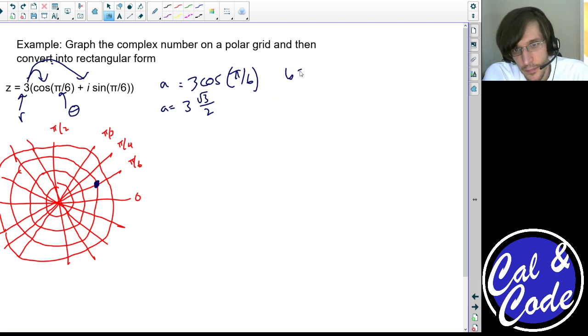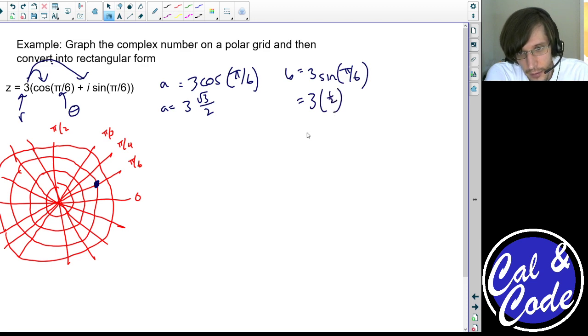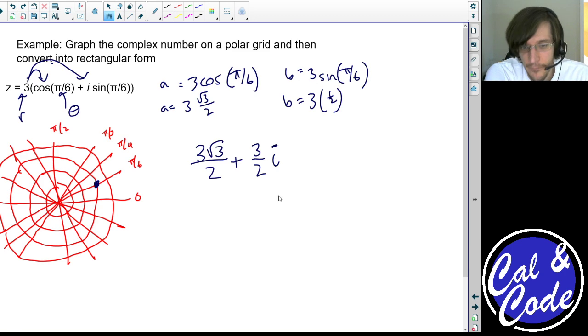B is going to equal 3 times, if I multiply it in, the sine of pi 6. Sine of pi 6 is 1/2. So I have 3 times 1/2. And then my final answer would be 3 root 3 over 2 plus 3/2 I. That is what is equivalent to z.